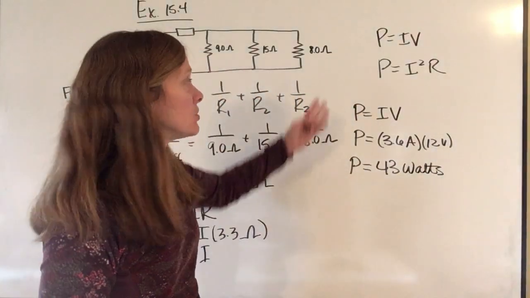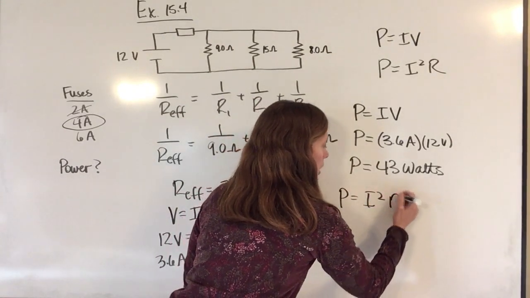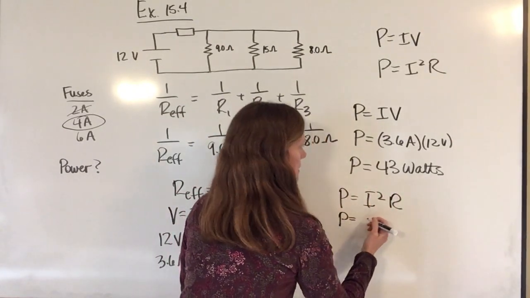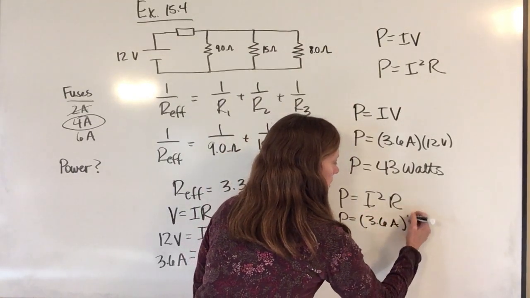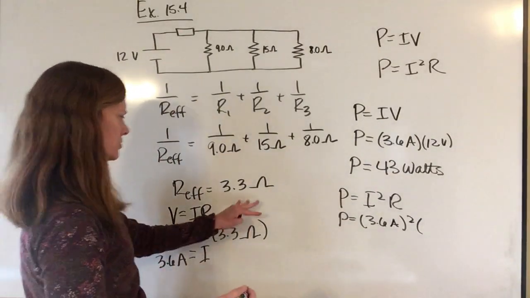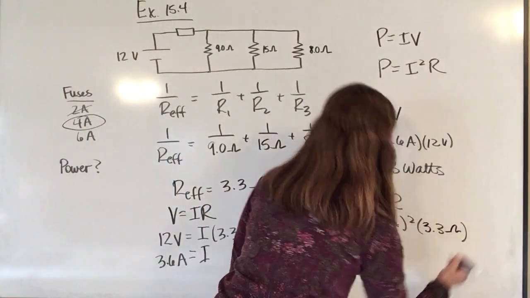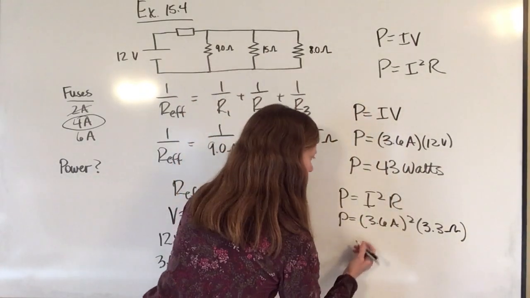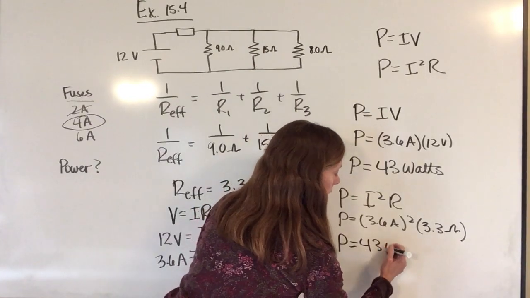And like I said, I could use the other equation as well. I could use P equals I squared R, where I was 3.6 amps, and I would square that, and my resistance was 3.3 ohms. So if I take 3.6 squared times 3.3, that is going to give me also 43 watts.